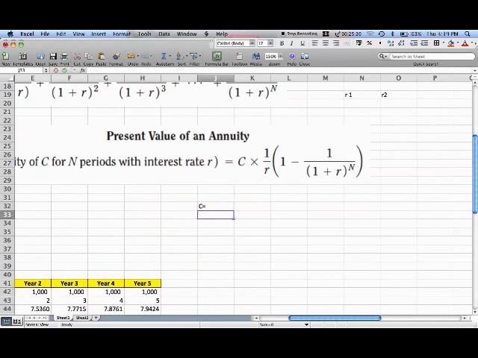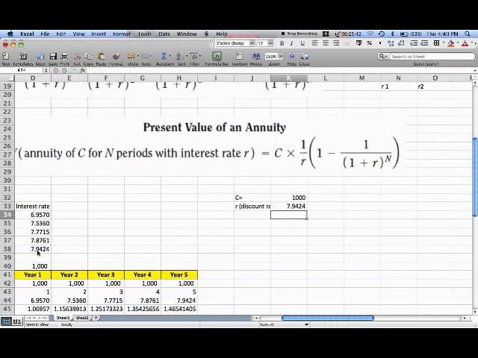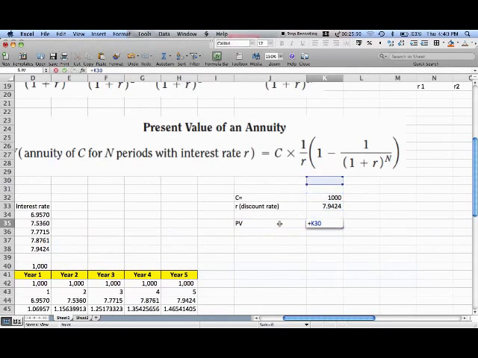The C is 1000. R, the discount rate, is the 5th year. Then they're going to calculate the PV, where C is 1000 and the period is 5 years.